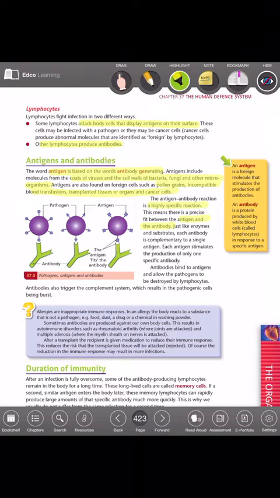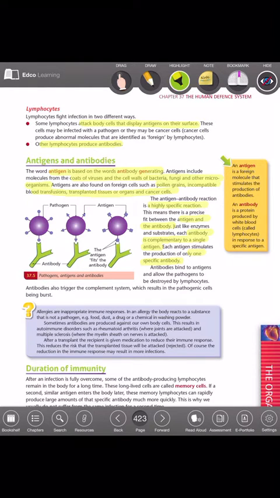Again, similar to our enzyme-substrate complex. So just like enzymes and substrates, each antibody is complementary to a single antigen. So they are highly, highly specific. And each antigen stimulates the production of only one specific antibody.